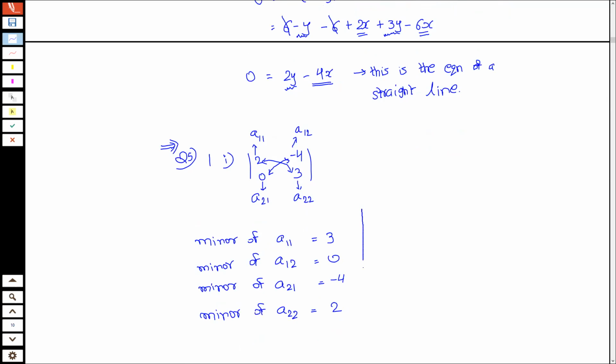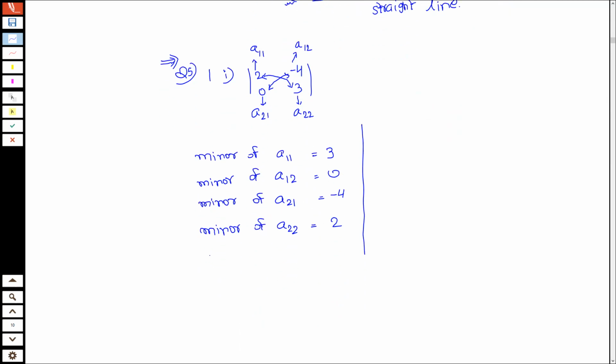Now, minor and cofactors are similar, but cofactor may involve change in sign. So I will write, let me write side by side. So I will write cofactor of A11 is equal to, now cofactor means element of minor needs to be multiplied with -1 का power i plus j. i plus j means row and column.